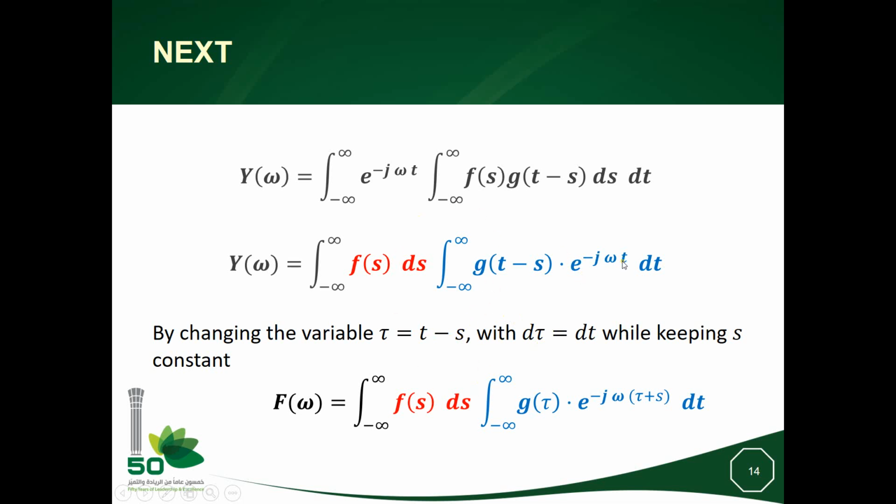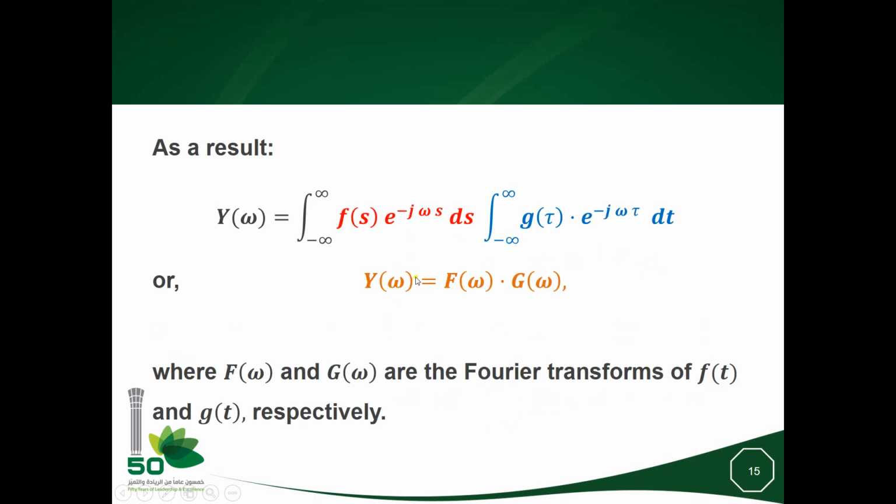So here I have replaced t by the sum tau plus s, and I see that the blue term here is an integration of a function which depends on tau and s, but the integration is performed with respect to tau, so I can bring the term exponential minus j omega s to this side, which gives the following results.